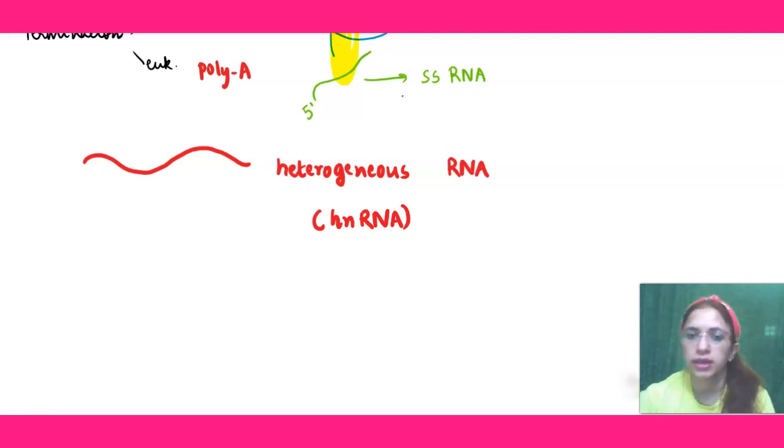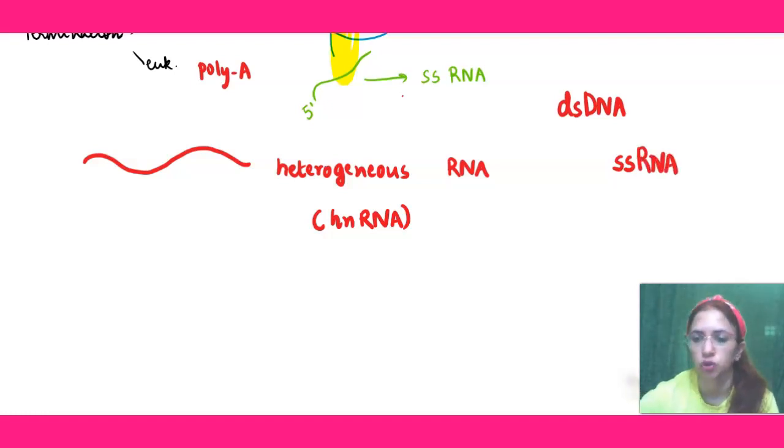Remember, whenever we are writing double-stranded DNA, we need to write d small, s small, and D, N, A capital. Whenever we are writing RNA, it is a single-stranded structure, so we will write ss: s for single, s for stranded, and RNA in caps.